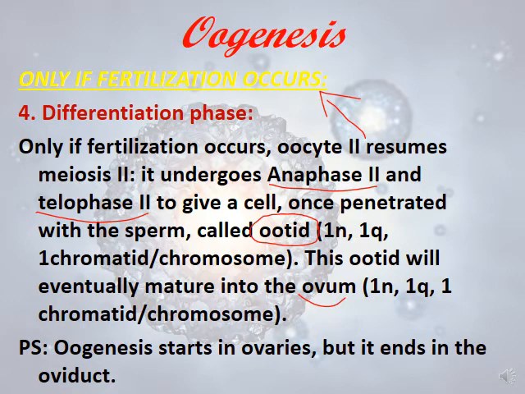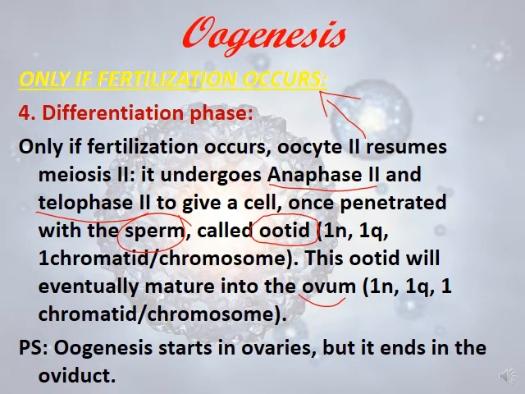So differentiation only occurs if fertilization occurs: oocyte 2 will resume meiosis 2 and undergo anaphase 2 and telophase 2 to give the cell called the oocyte, once penetrated with the sperm cell from the male. Then this oocyte will mature into the ovum, 1N, 1Q, 1 chromatid per chromosome.